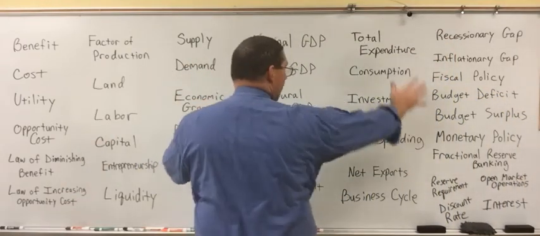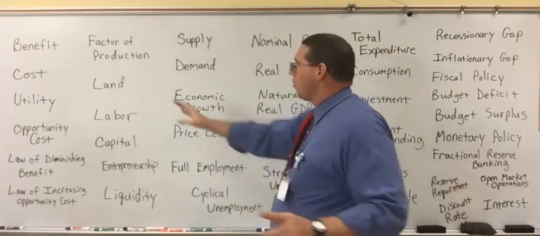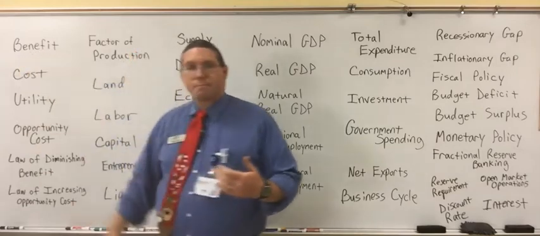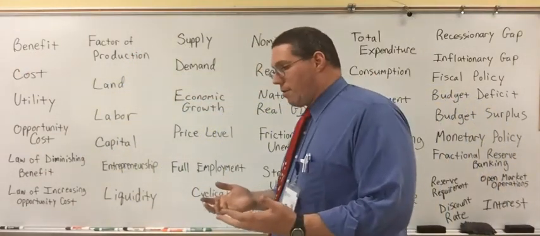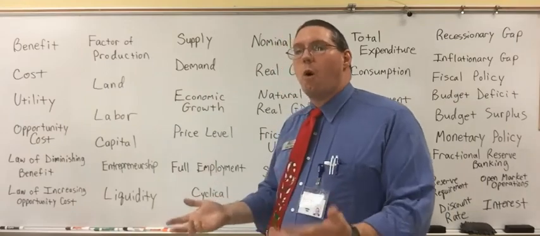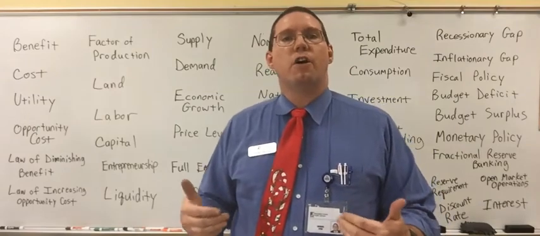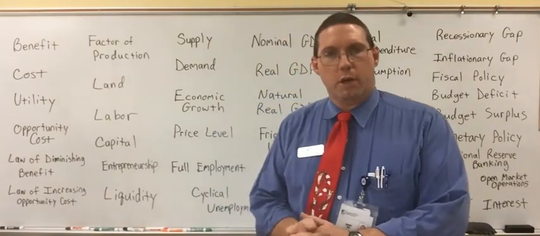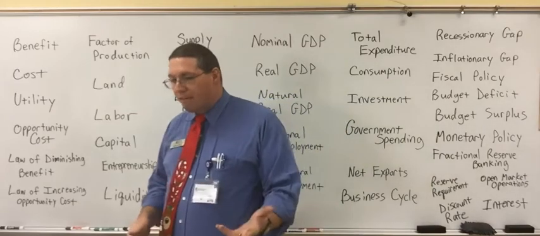You can see over here I sort of started running out of room, so the font got a little bit smaller. But let's start over here with benefit. A benefit is some sort of positive quality or a positive consequence that comes out of choosing a course of action. Every decision we make has benefits.